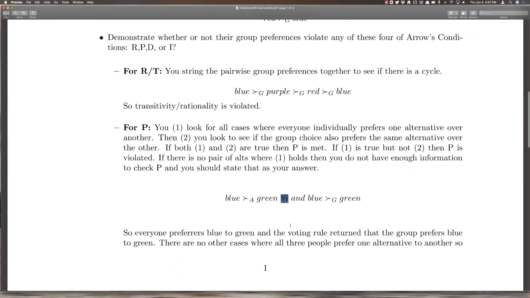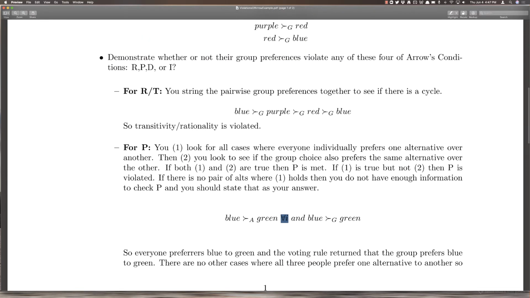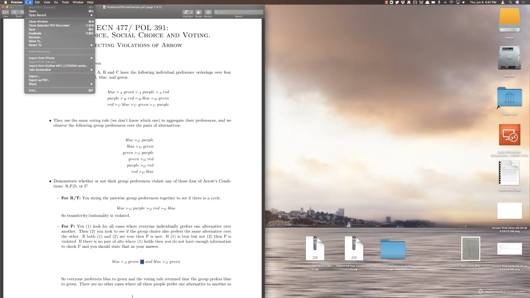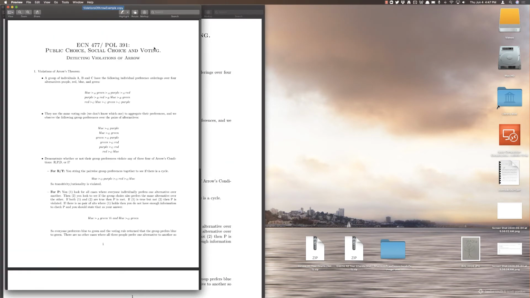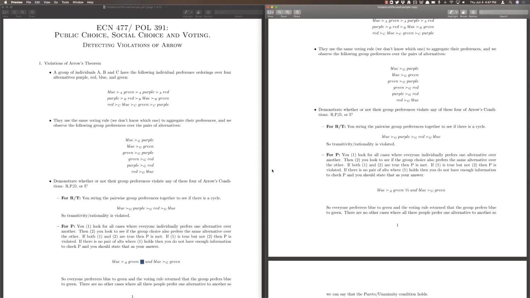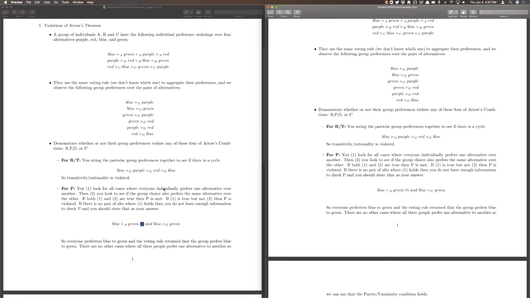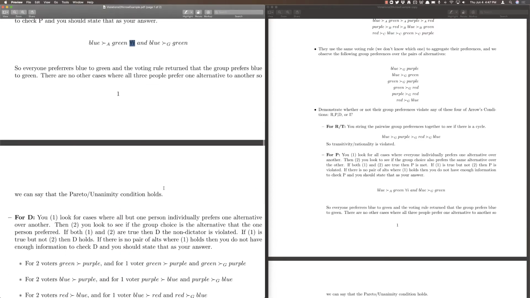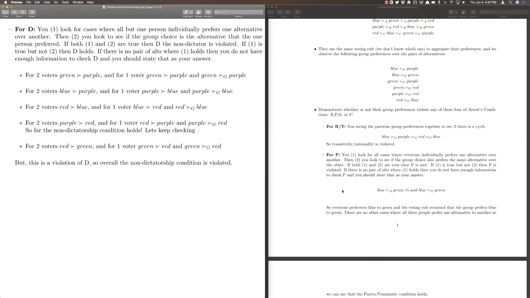So what I'm going to do here is split this screen so I can show you 2 things at once. And blow this up just a little bit, as big as I can get it. All right, so here's what we're checking.